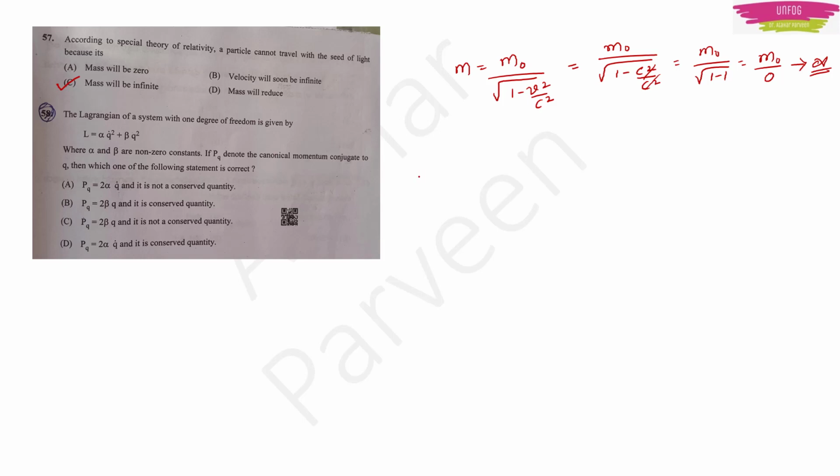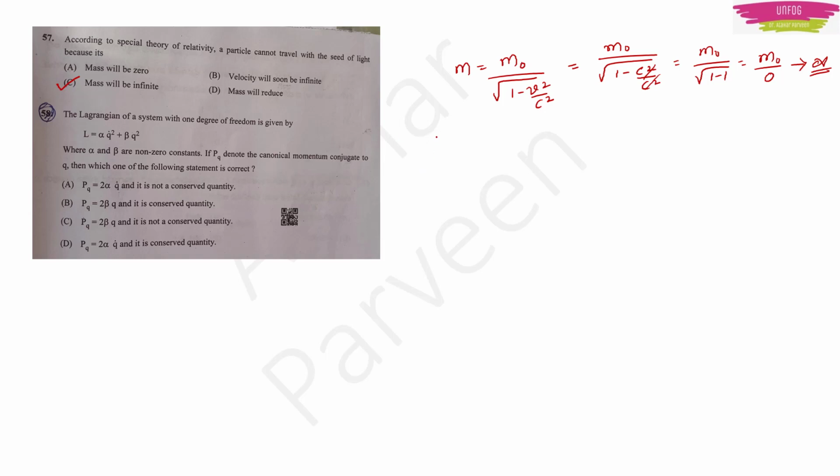Next question. The Lagrangian of a system with 1 degree of freedom is given by one equation for the Lagrangian, and here alpha and beta are non-zero constants. If PQ denotes the canonical momentum conjugate to Q, then which one of the following statements is correct? First you find the momentum, because in the 4 options also he is talking about momentum, the value of PQ we need, and then we will find whether it is conserved or not conserved.